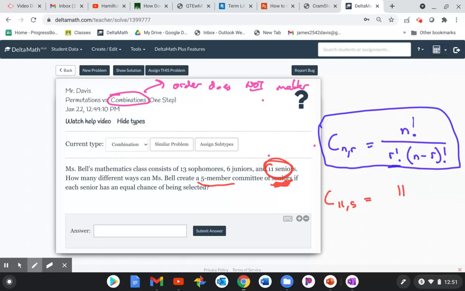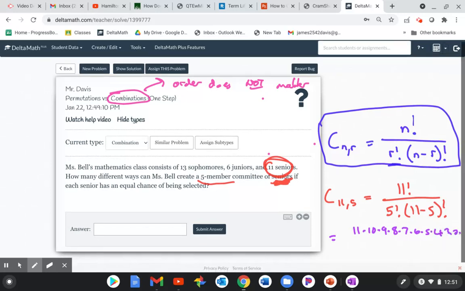So it's going to be 11 factorial over, r is the second number, so 5 factorial times 11 minus 5 factorial. And if we start to write this out, on the top it's going to be 11 times 10 times 9 times 8 times 7 times 6 times 5 times 4 times 3 times 2 times 1.